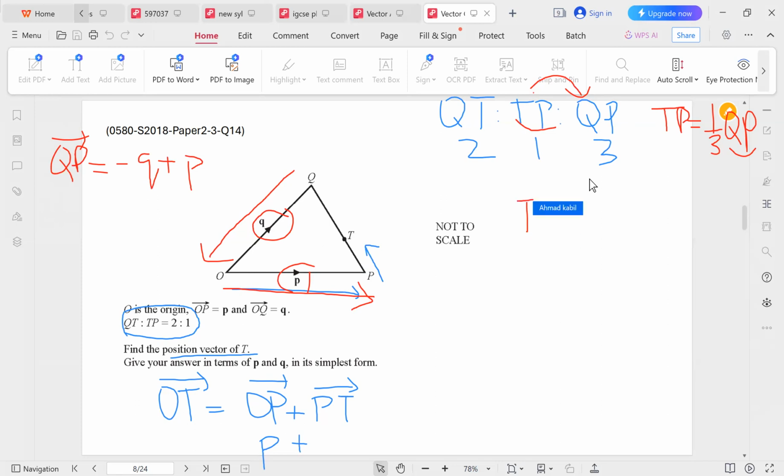So TP would be 1 over 3 times negative Q plus P. And that would be negative 1 over 3 Q plus 1 over 3 P.